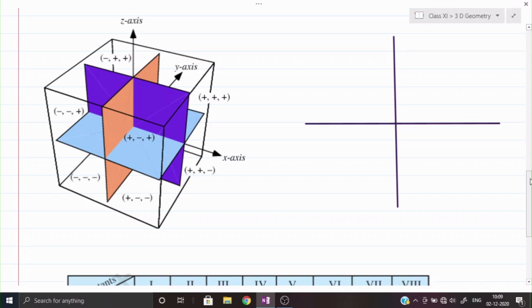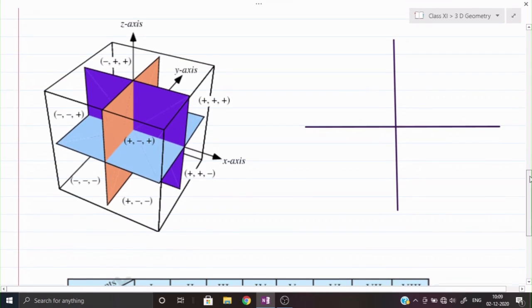Now suppose the coordinate given is 1 comma 2 comma minus 3, and I wish to find out in which octant it lies. How we shall find that, we shall study.